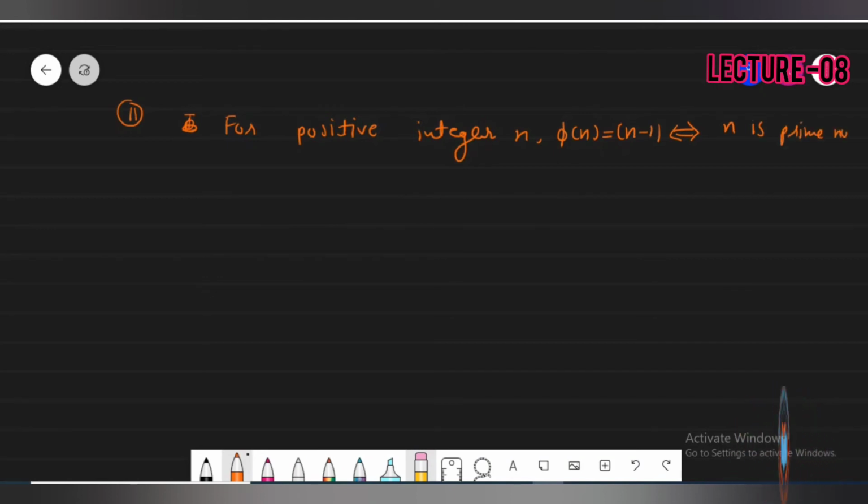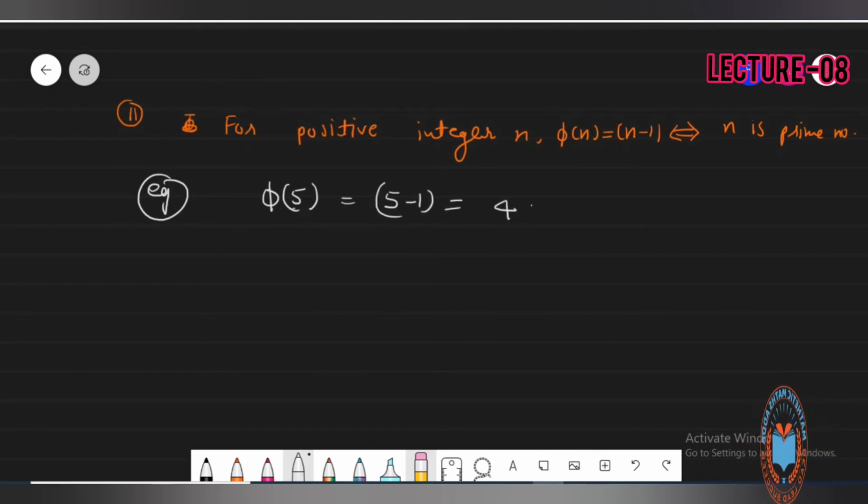This is again a very important formula. For example, if I have to find the value of phi(5), since 5 is a prime number, the value of phi(5) will be 1 less than 5. It means 4. Clear?